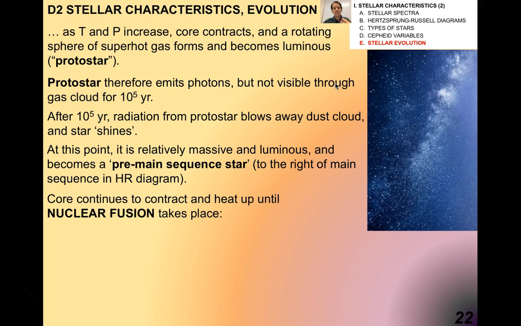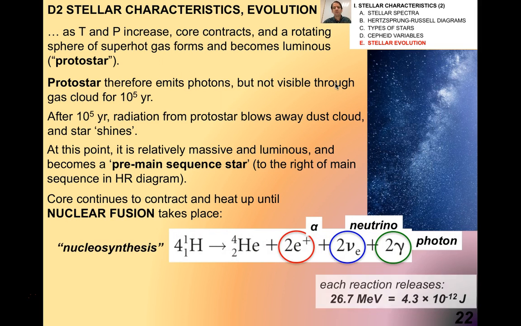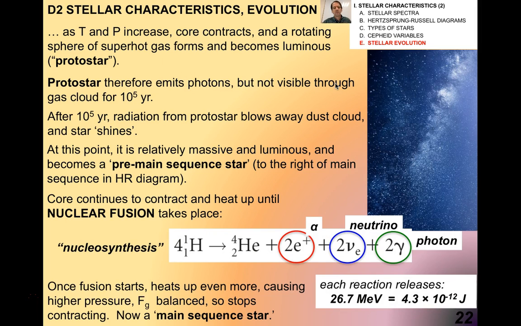Now, the core continues to contract and heat up until nuclear fusion takes place and nucleosynthesis takes place, which we've studied before, okay? So once fusion starts, it heats up even more, causing higher pressure, okay, radiation pressure, which balances the force of gravity, so it stops contracting.